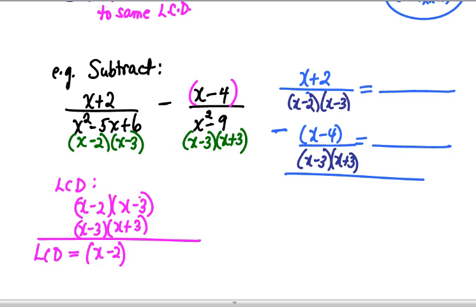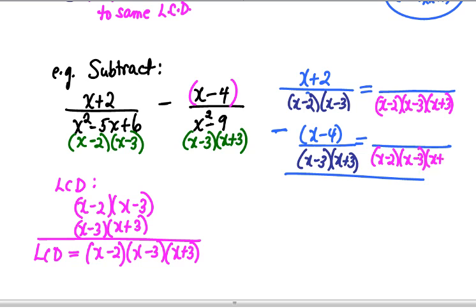So we have 1 x minus 2. We've got to have 1 x minus 3. It doesn't matter that it's in both. It only occurred once, so we put it once. And then we have x plus 3. So those get put here: x minus 2, x minus 3, x plus 3, for both fractions.